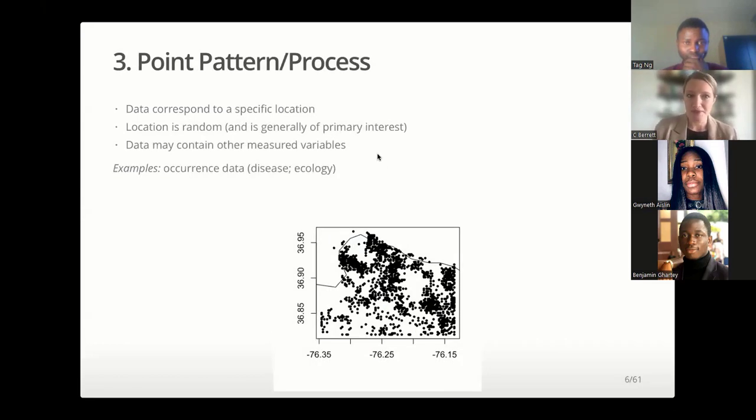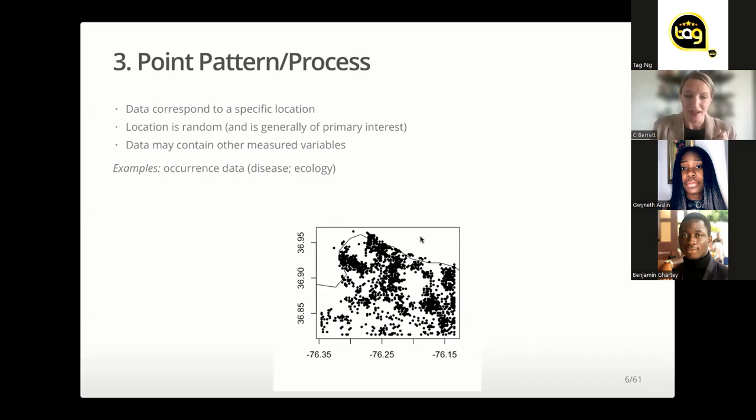The third type of data is called point pattern or point process. This is where the location is random. Rather than the location being fixed and the measurement being random, the location is what's random. Here I have plotted cases of infant bronchiolitis in Norfolk, Virginia, showing where it's occurring.